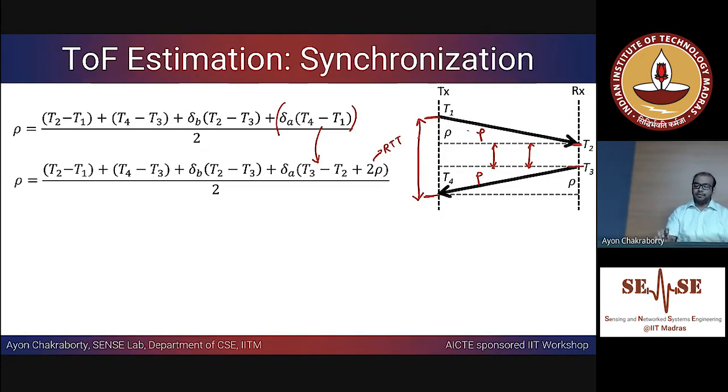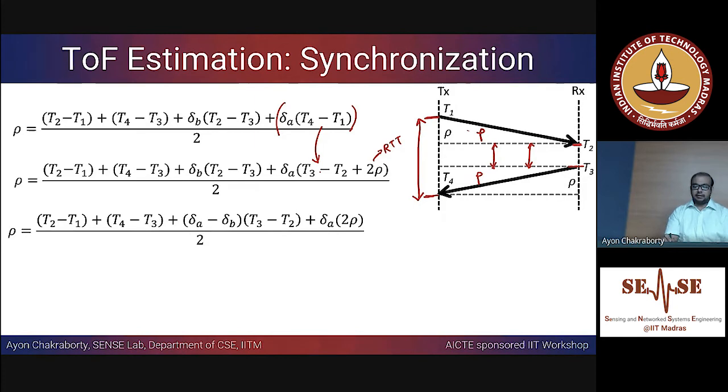I hope there are no issues in understanding how we can rewrite this equation like this, and you can simply shift these variables. There is delta A into 2 rho, which is one part, and there is delta A minus delta B multiplied by T3 minus T2. Now, this is going to be a lesser value, so the magnitude of this value is going to be very small.